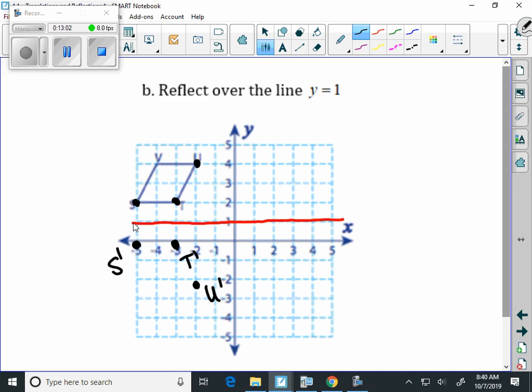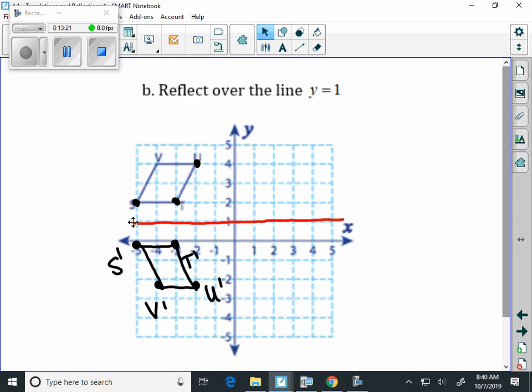So on the other side, 1, 2, 3 spaces from the red line is our new V. And hopefully your picture is a little bit better than mine. We reflected over the line y equals 1. Sometimes I find that getting that line y equals 1 is the hardest part.